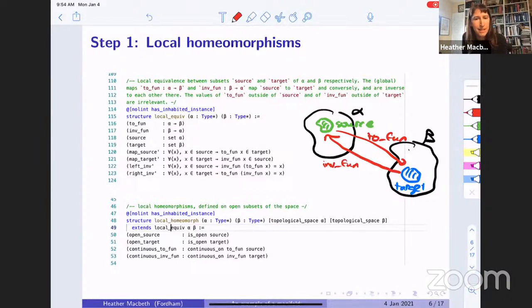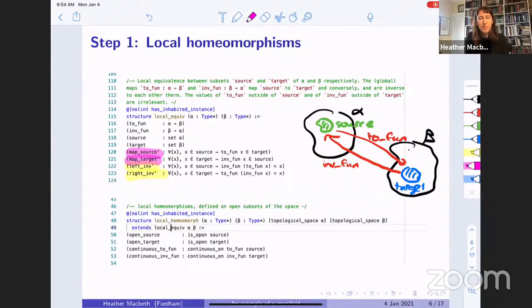And let me repeat that these are actually functions defined on all of alpha and all of beta respectively, but for which we only care about the behavior on the source and the target. And we have these two hypotheses that they are left and right inverse to each other, as well as the pair of hypotheses that they really, in the region that we're interested in, send each other to each other.